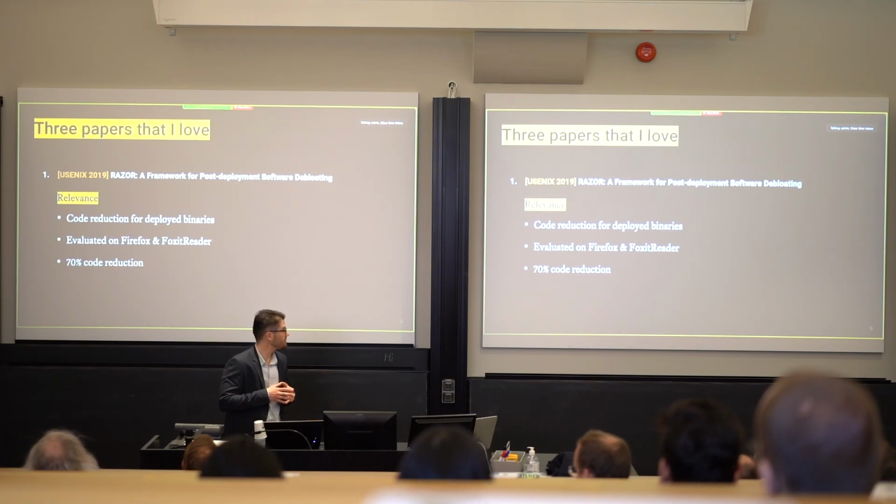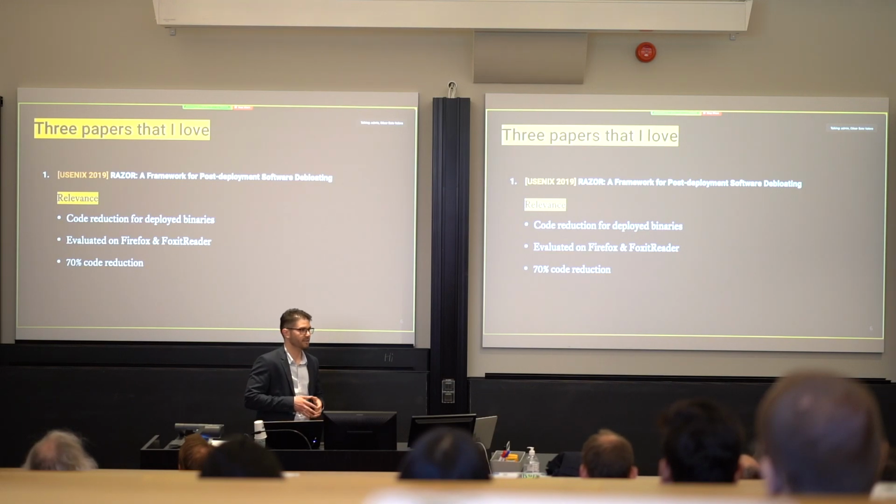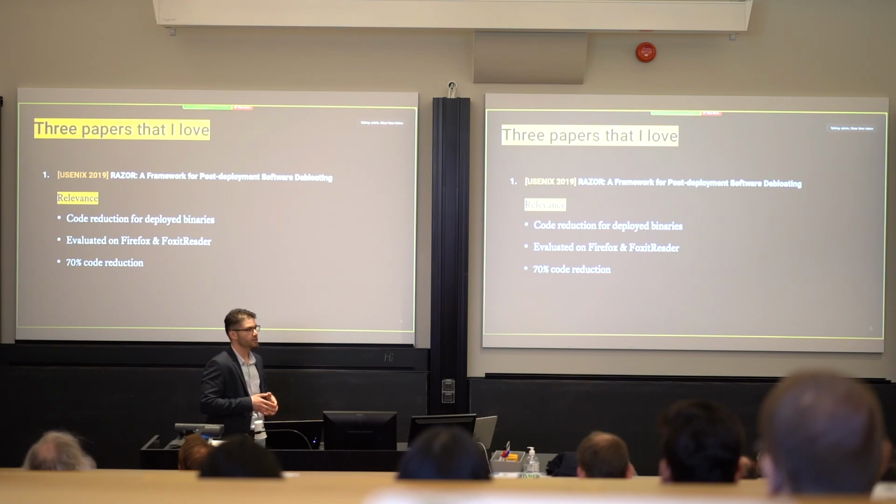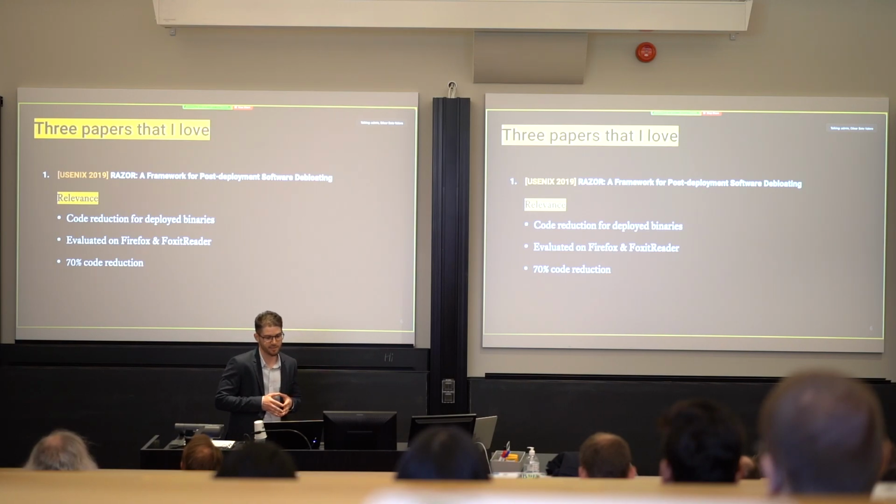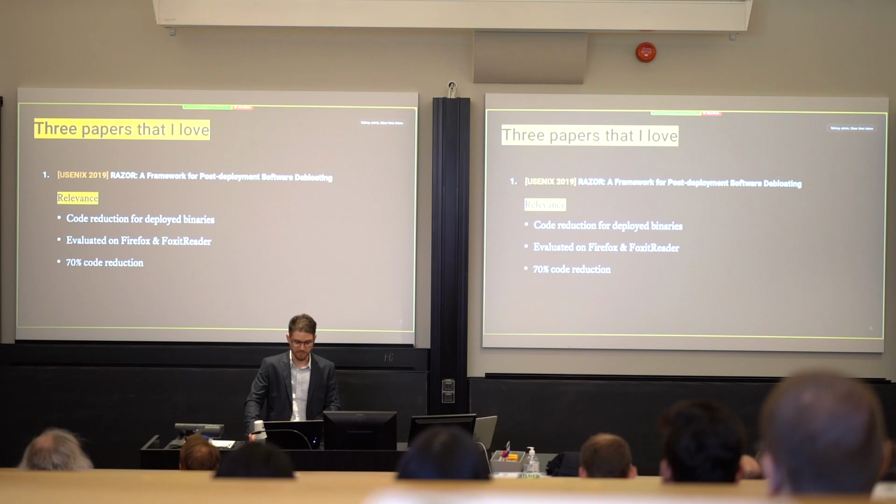It debloats two really large software applications, the browser Firefox and Foxit Reader. The authors demonstrated that they could reduce the size of these applications by 70%, which is really impressive.